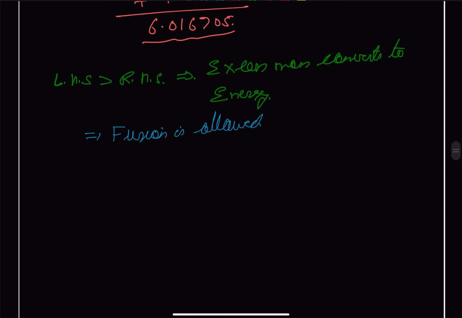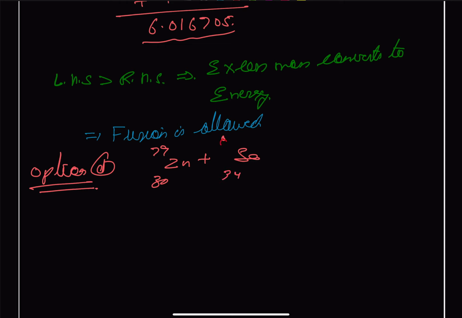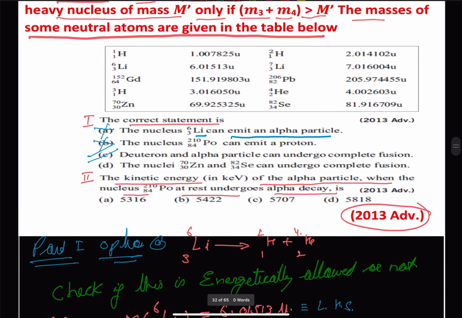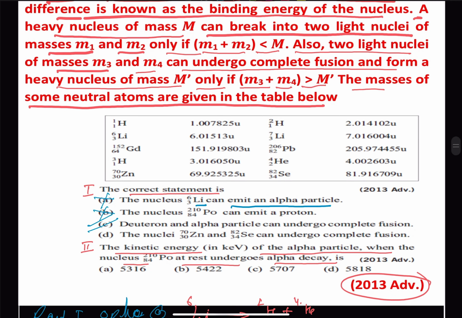That is our option D. It says that our zinc, that is 30 and 79, plus selenium, 34 and 82, will be giving us a product that will be our Gd 151.